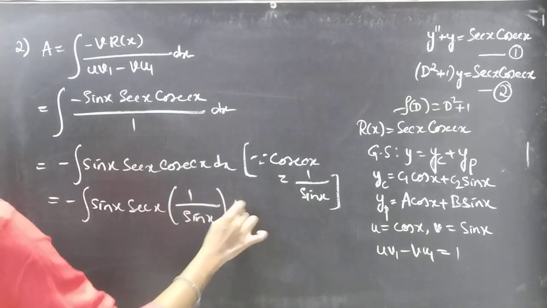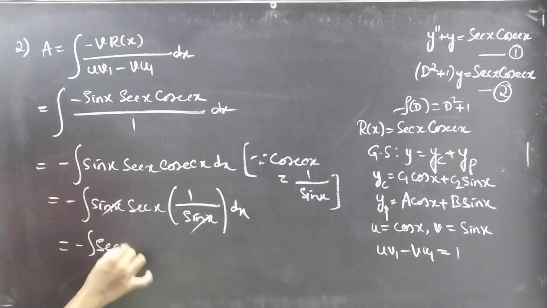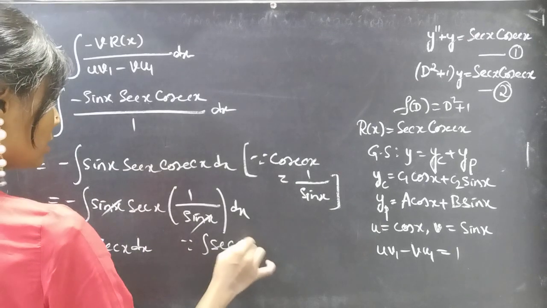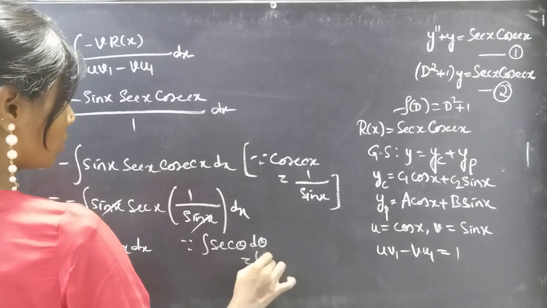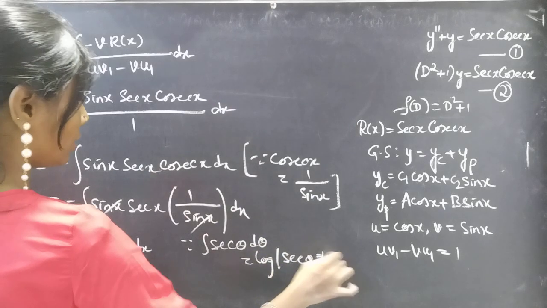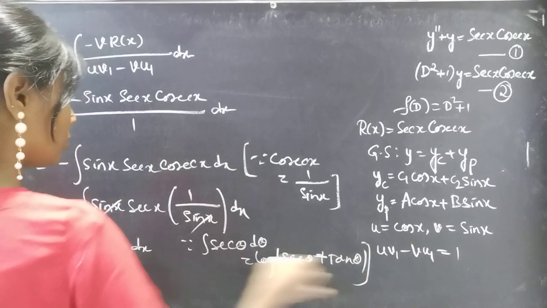Okay, cancel sin x, we get minus integral secant x dx, since the integral of secant theta d theta equals log mod secant theta plus tan theta, right?